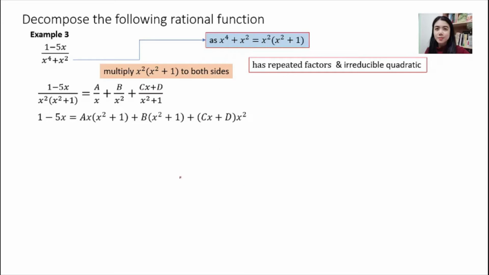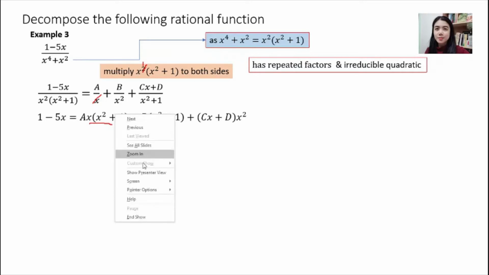For the right hand side, we can cancel out this one, and this is power of 1, and the thing that remains is a and x squared plus 1, so therefore we have this.